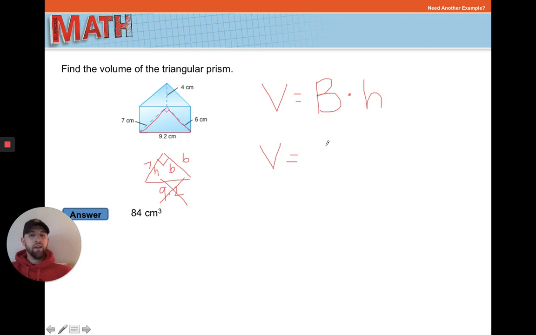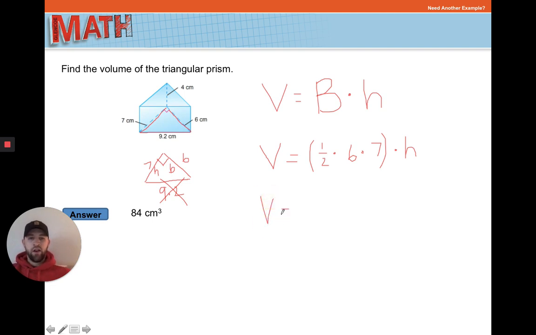So finding the area of a triangle, I'm going to go ahead and put it in parentheses, is 1/2 times the base, which was 6, times the height, which was 7. And we're going to take all of that and we're going to multiply it by our height of the triangular prism. We'll worry about that in a second, okay?